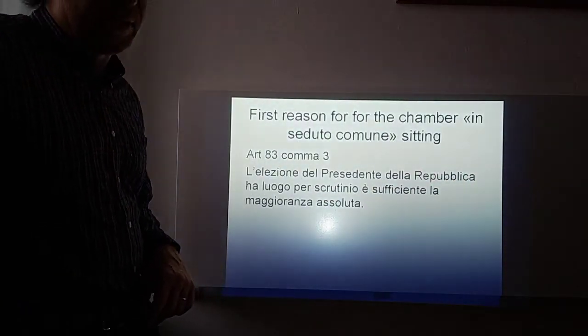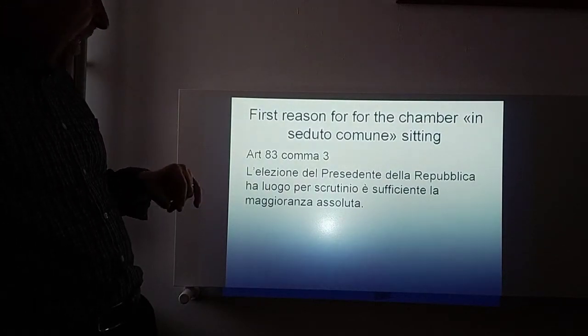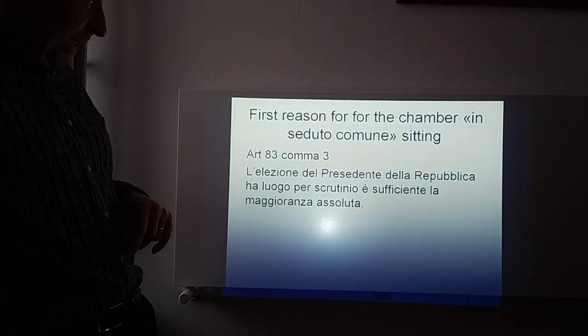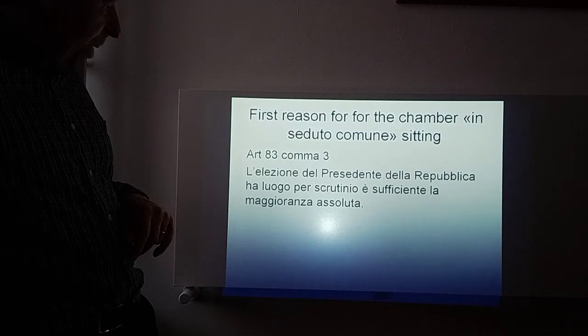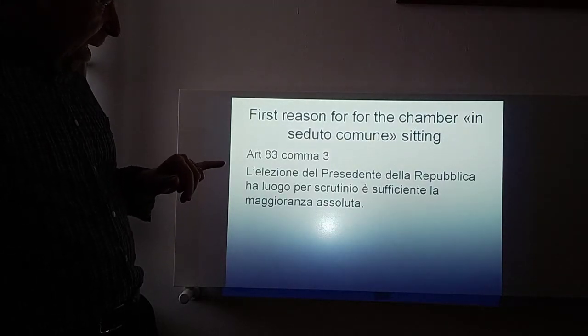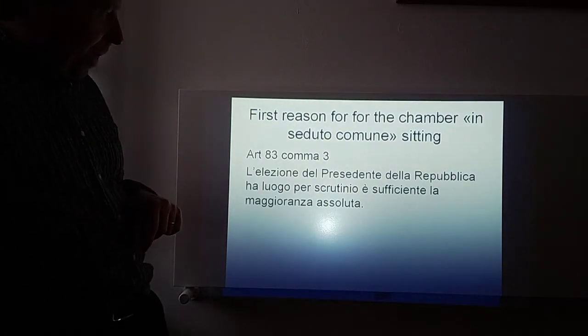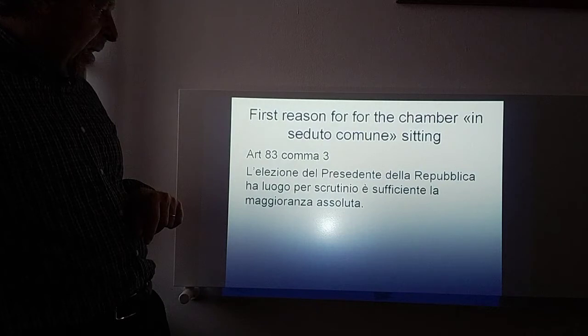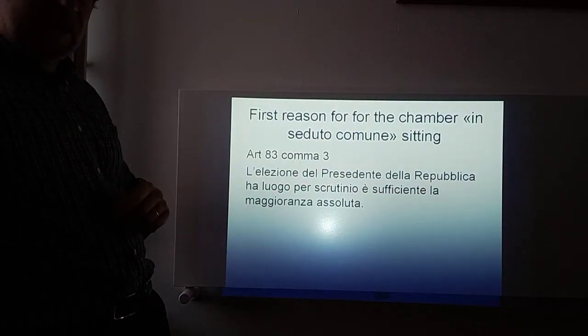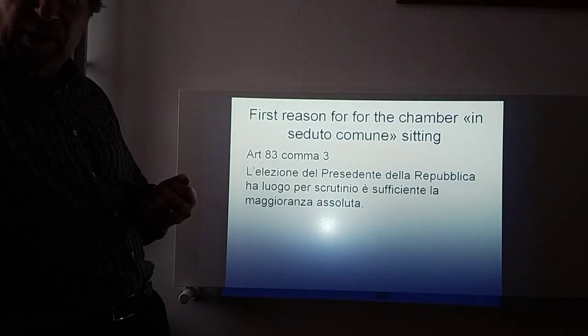But then 83,3 continues. L'elezione del Presidente della Repubblica ha luogo per scrutinio segreto a maggioranza di due terzi... è sufficiente la maggioranza assoluta. So it's a secret vote.